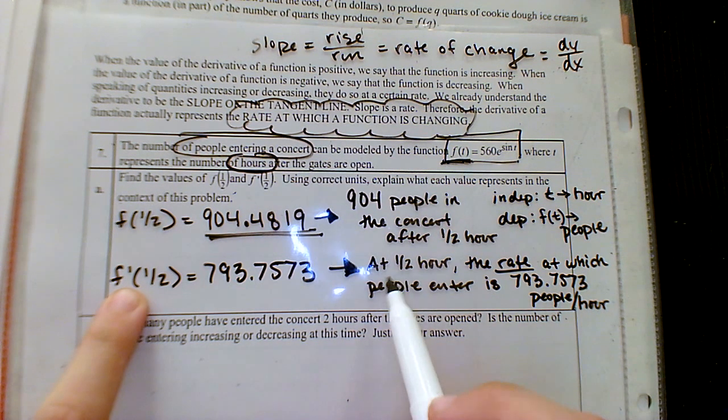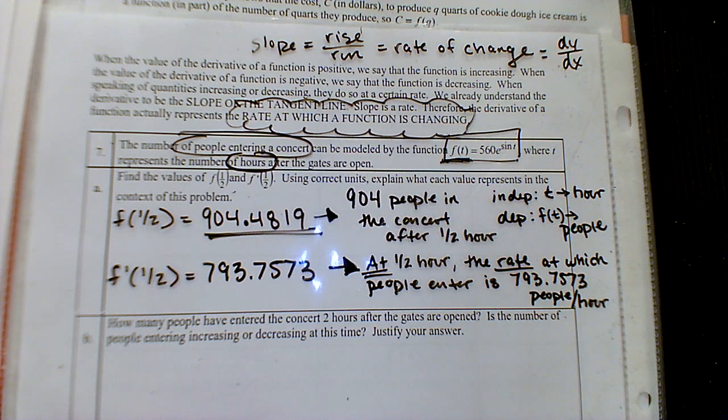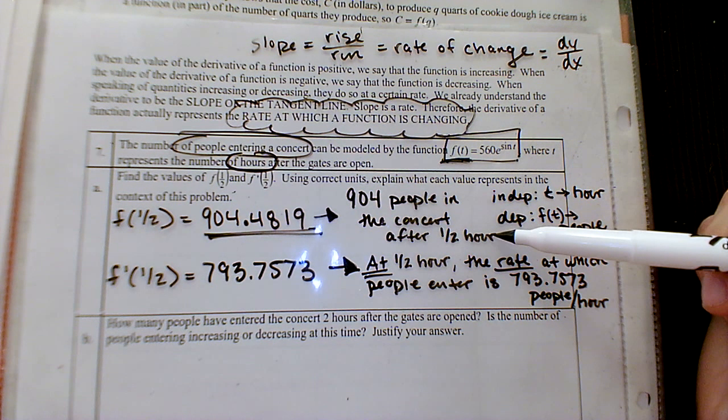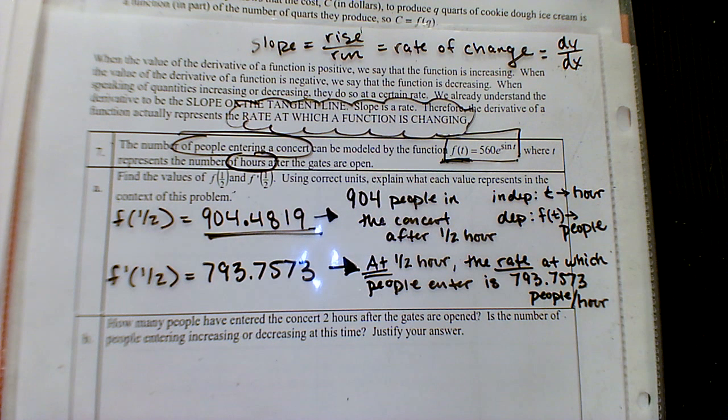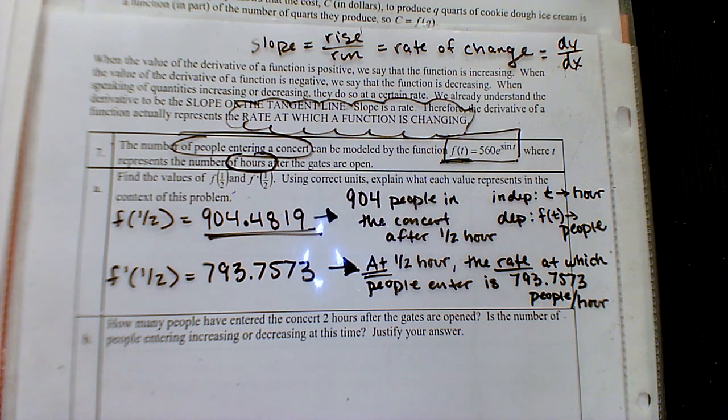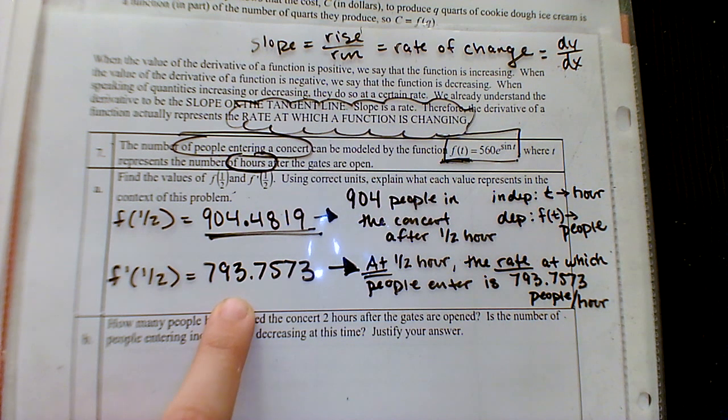However, a derivative is at a particular moment in time. So you're not looking over a span of time for a derivative, you're looking at a snapshot moment. At that particular instant, this is the rate at which the people in the concert are changing. Specifically increasing, right? Because the derivative is positive.